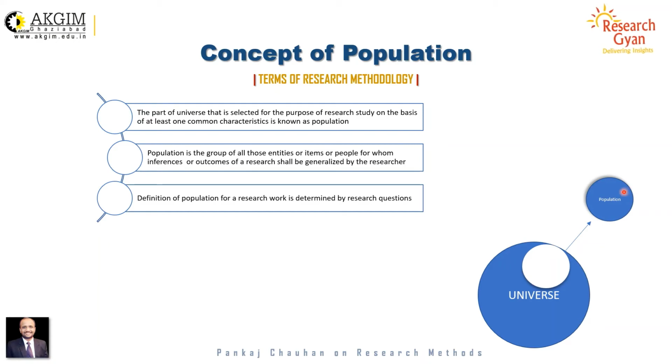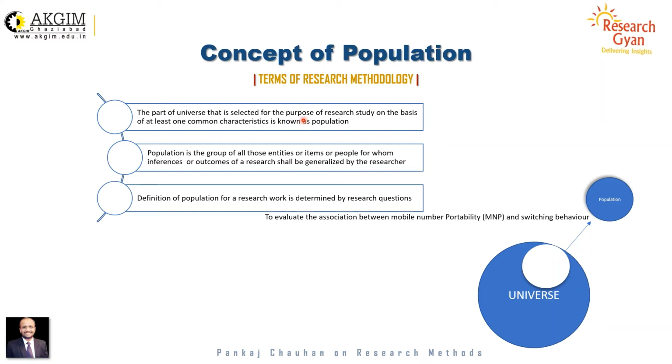Let us take an example to understand it more. Take a research study that aims to evaluate the association between mobile number portability, that is MNP, and the switching behavior of mobile users. In this case, the definition of the population can be precisely given if a few important aspects are remembered and mentioned. I need to decide at least one characteristic, right, as we discussed in the first part.